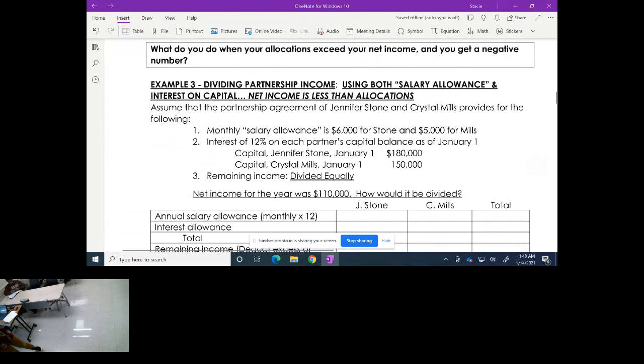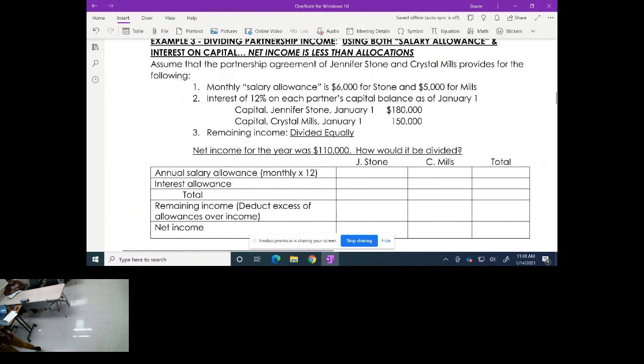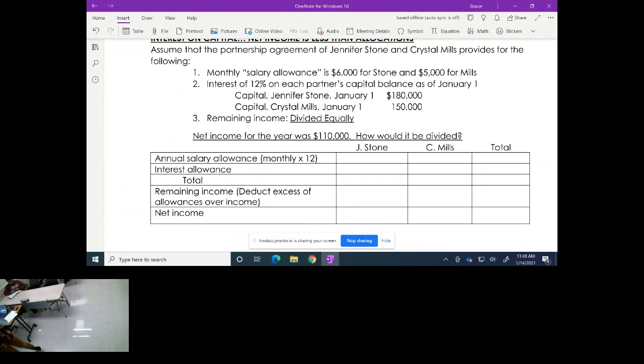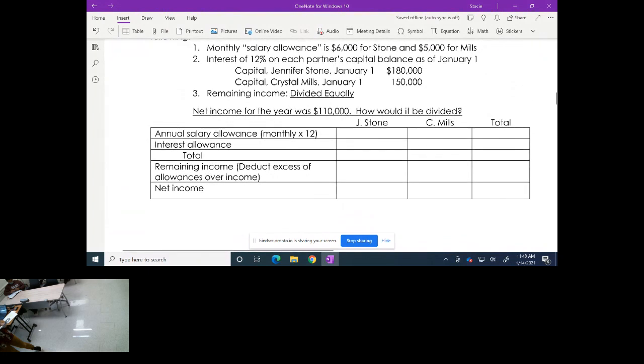Okay, so let's look at one where we have a lesser amount of net income than our allocation amount. So we've already calculated this. This is the same number, 72,000, 60,000. This came from the previous problems.